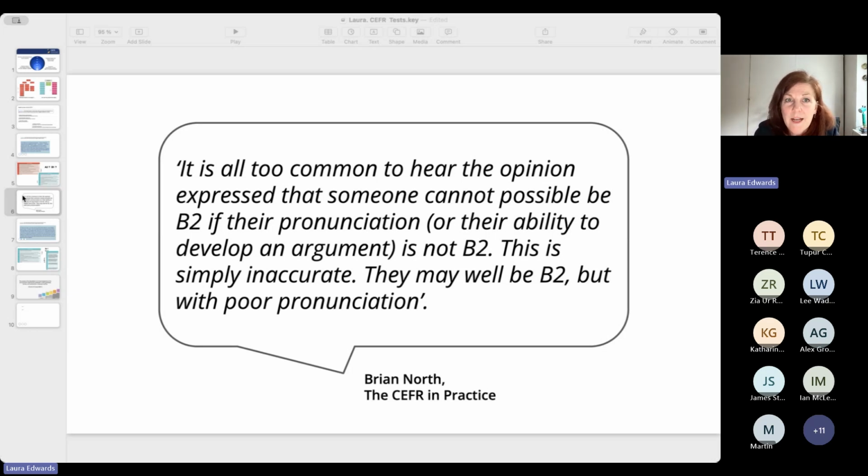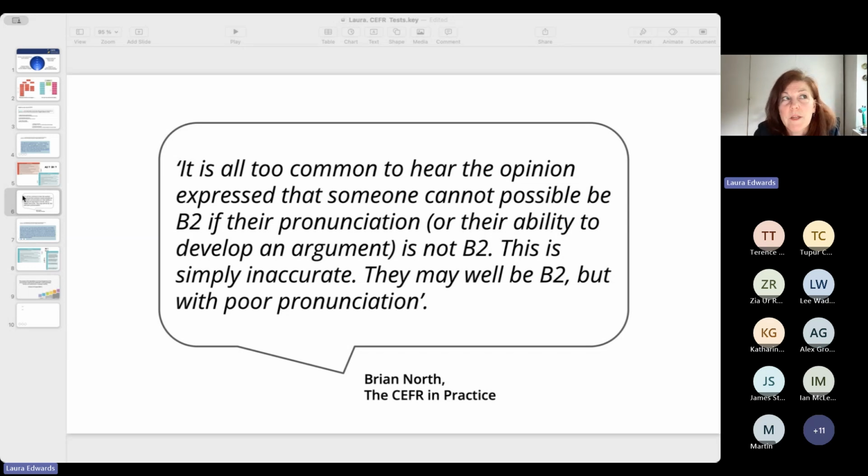And sometimes in an exam situation, when we're stretching them, when they're asked to push that little bit further, they don't produce what we expect them to do. So this is often a problem that the teachers have. And they say, well, I see the student every week and they're a B2.